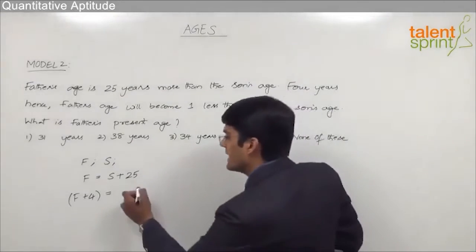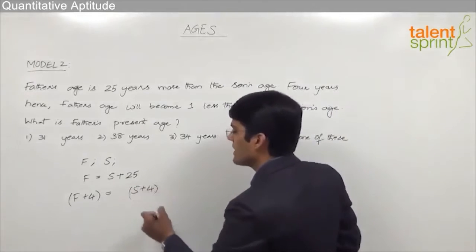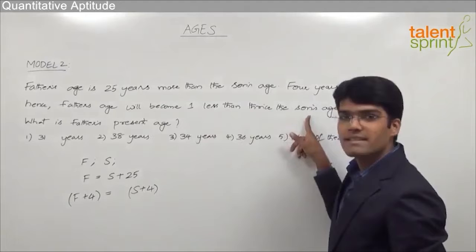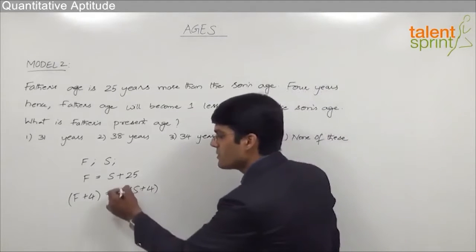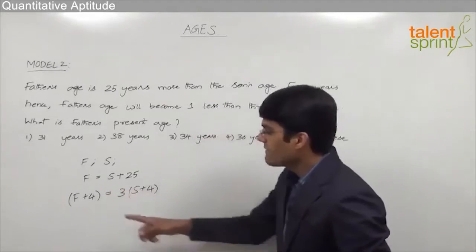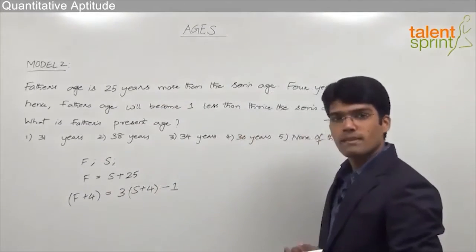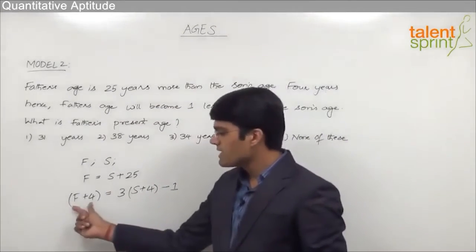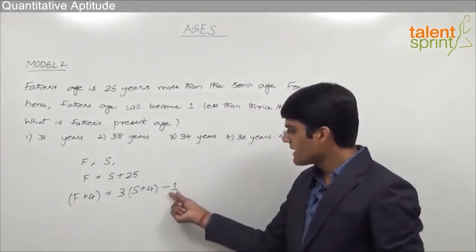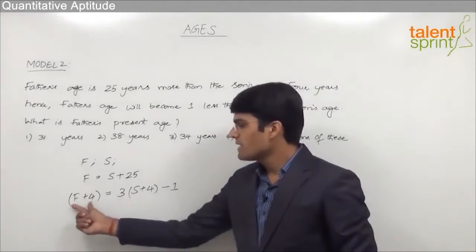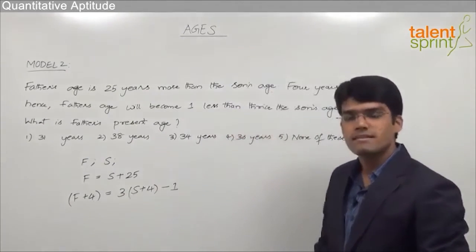So 4 years hence son's age is S plus 4 and father's age will be 1 less than thrice the son's age. So thrice the son's age should be 3 times the son's age and father's age will be 1 less than this. So minus 1. So as you can see, after 4 years father's age is 1 year less than 3 times the son's age. So after 4 years father's age is F plus 4 and son's age is S plus 4.